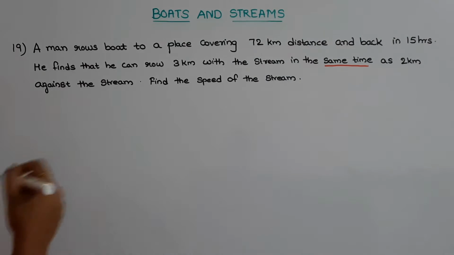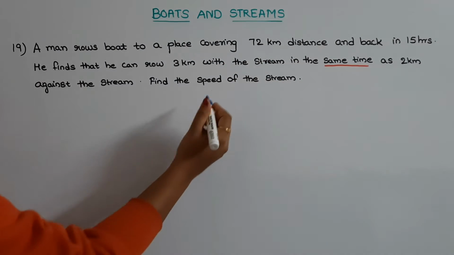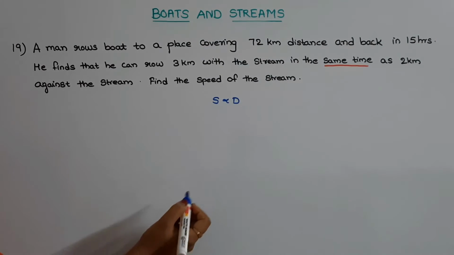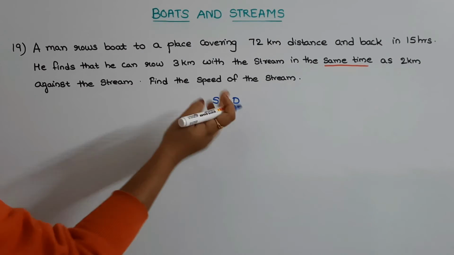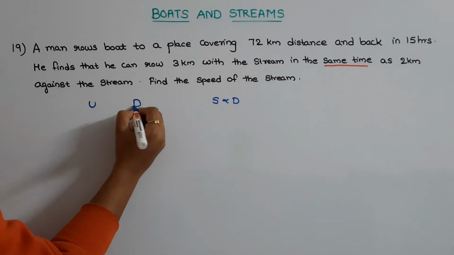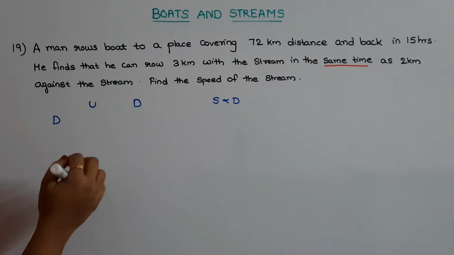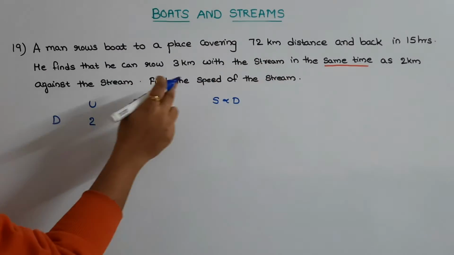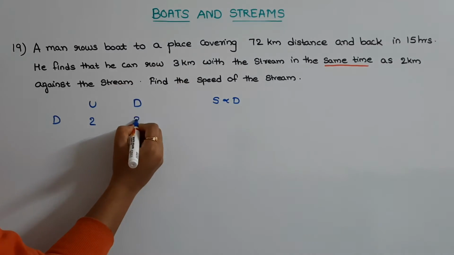Whenever they are telling that the time is the same, we know that speed will be directly proportional to the distance. So whatever is the distance ratio, that will be the speed ratio. So U, D, distance. Distance travelled upstream is 2 km and distance travelled downstream is 3 km.